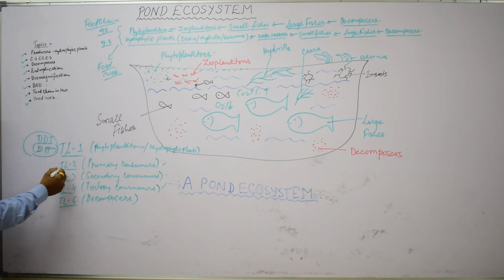So, it will be magnifying in trophic level 2 and that will be approximately 100 ppm, here 1000 ppm, and in trophic level 4 that is 10,000 ppm. It is magnifying at each and every trophic level and at last it is 1 lakh ppm.